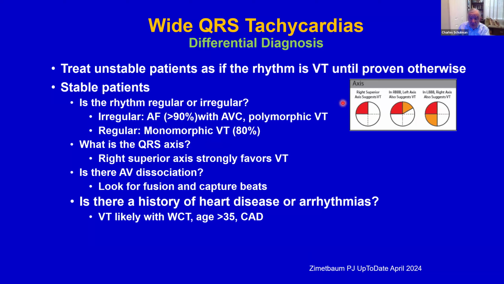A right superior axis, this so-called northwest axis, strongly suggests ventricular tachycardia. Is there AV dissociation? That is, look for fusion and capture beats. And is there a history of heart disease or arrhythmias? Because VT is likely with a wide complex tachycardia in people over the age of 35 who have coronary artery disease. So it's most likely ventricular tachycardia.